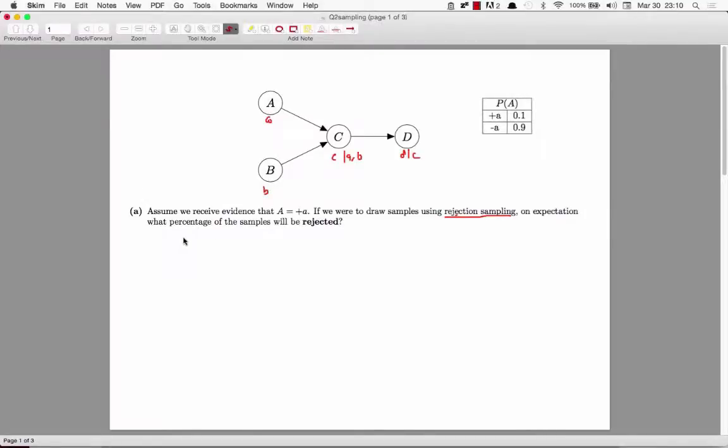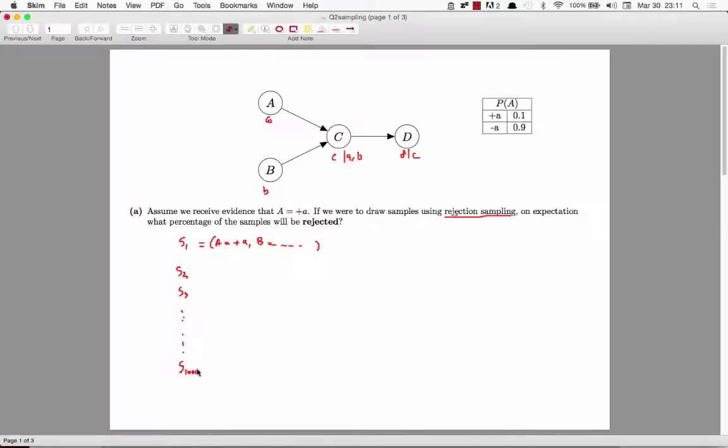So suppose you get a lot of samples this way. Say you get S1 equals, say, A equals plus A, and so on, B equals something. Say you get S2, S3, and S1000, a lot of samples this way.